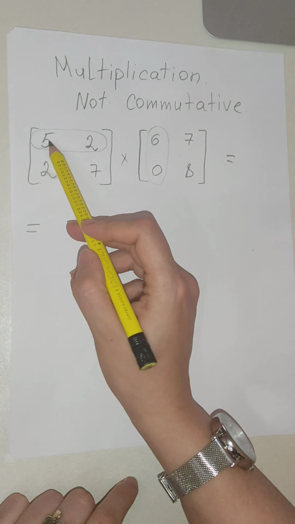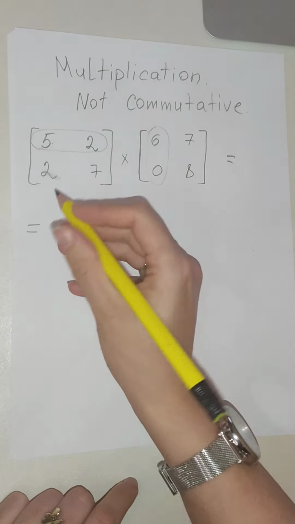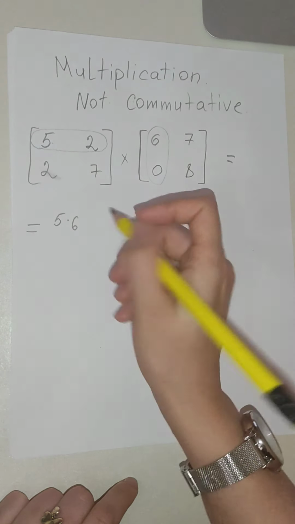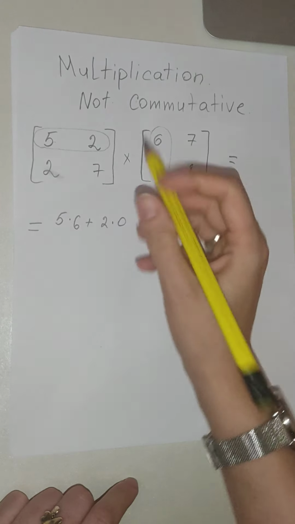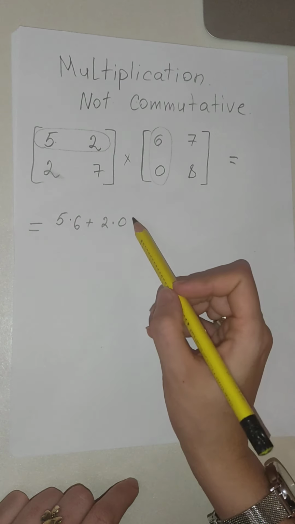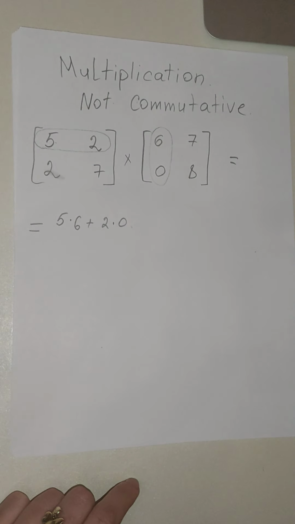Okay, first we should multiply 5 by 6, 5 times 6 plus 2 times 0. And this is our first element of the resulting matrix.